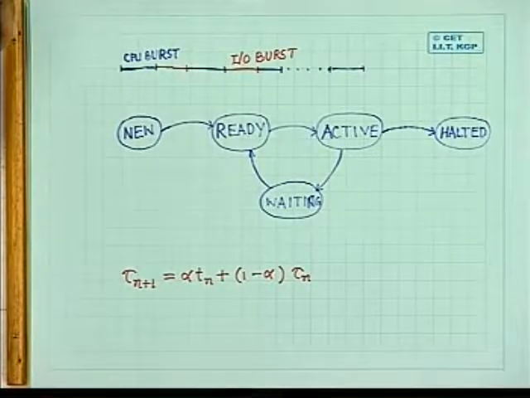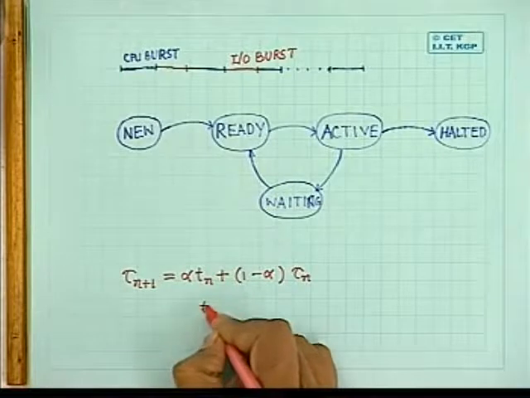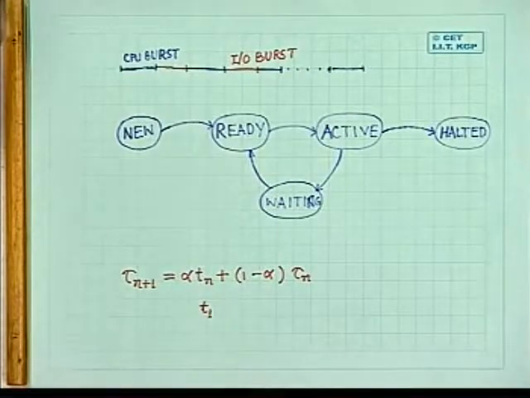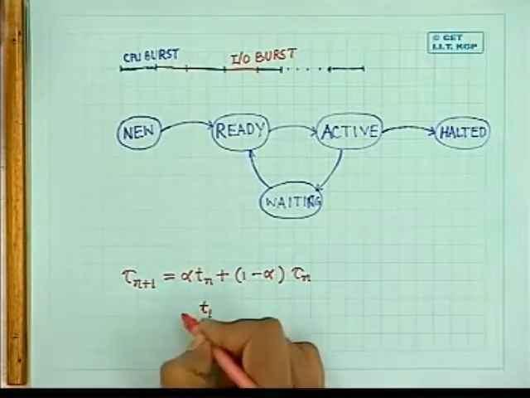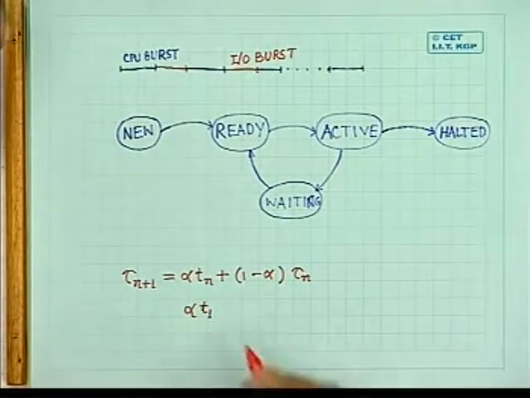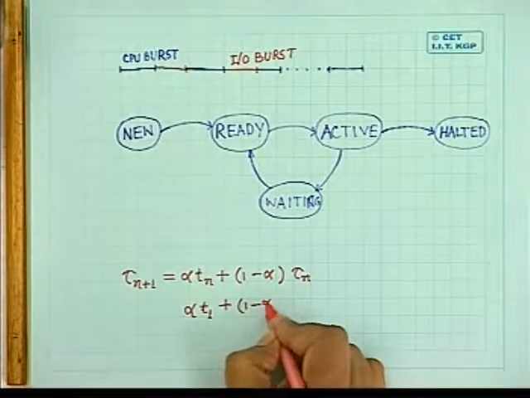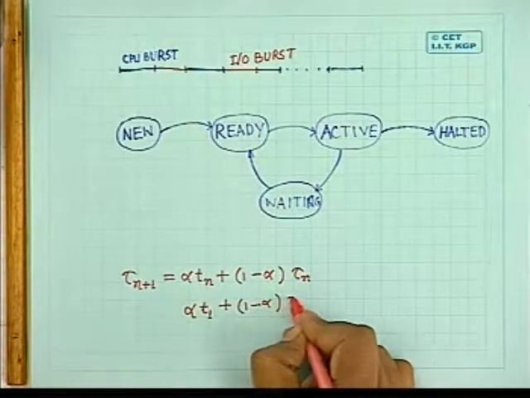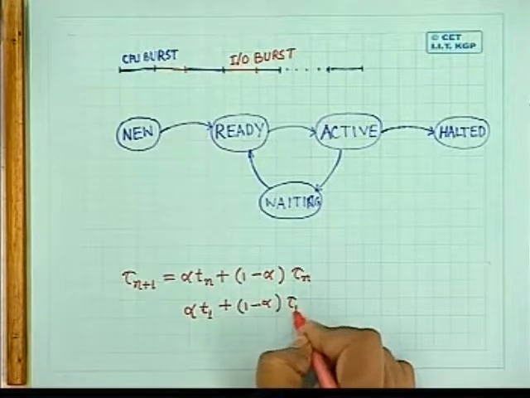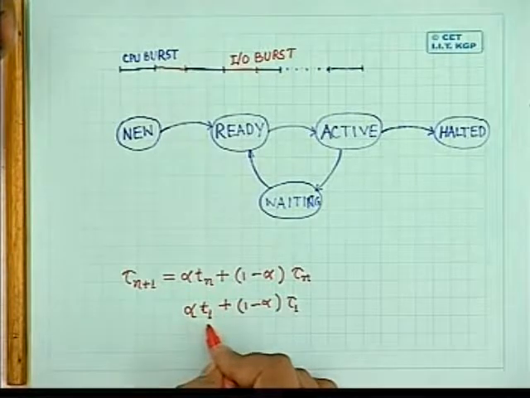So, once you execute the job for the first time, I know what is T1, that is the first CPU burst. Weight that by alpha and 1 minus alpha times, now I have to know what is tau 1, but tau 1 I do not know, because this is the first CPU burst which is T1.